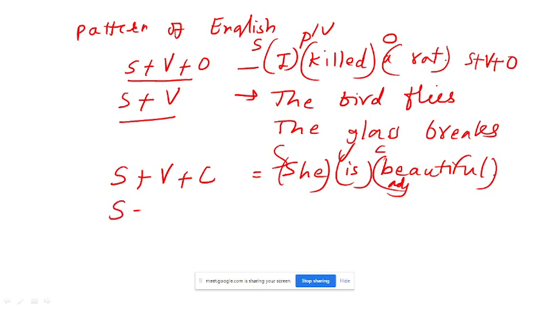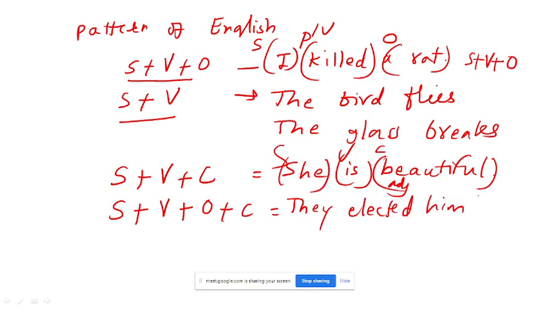One more, subject plus verb plus object plus complement. For example, they elected him leader.